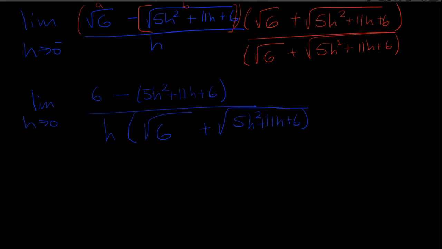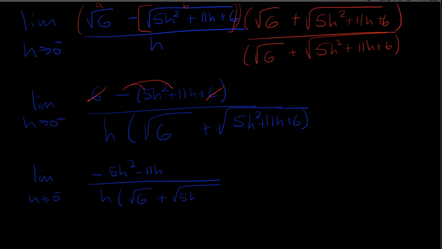Now at the top, the 6's are going to cancel, and we're going to be left with negative 5h squared minus 11h. So here I just distributed the negative, all over h times the quantity square root 6 plus the square root of 5h squared plus 11h plus 6.